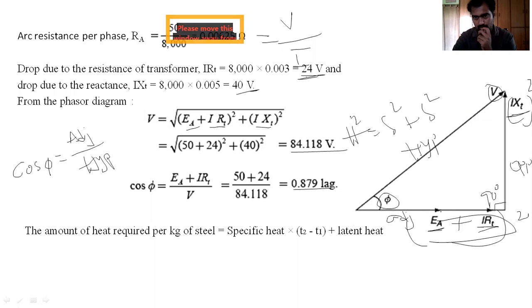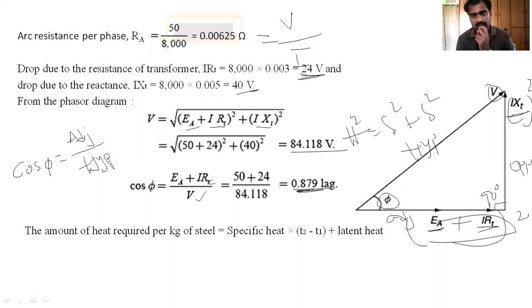The sum of these two, that is EA plus I RT, that is what I have written here, by the hypotenuse, which is the resultant voltage V. These two values you have calculated earlier: EA is 50 as given in the data, and I RT is 24 volts. By placing these values, we get the power factor, that is 0.879 lagging.